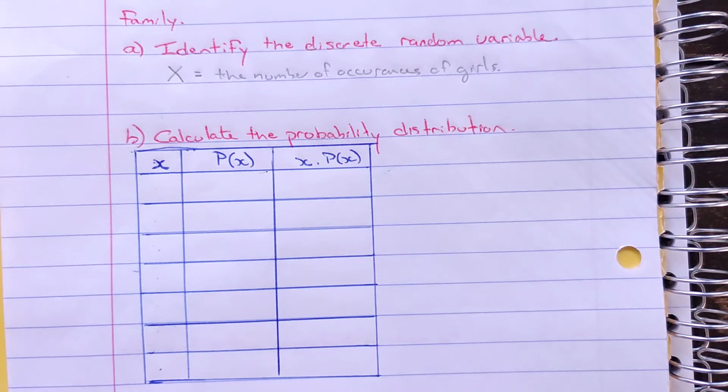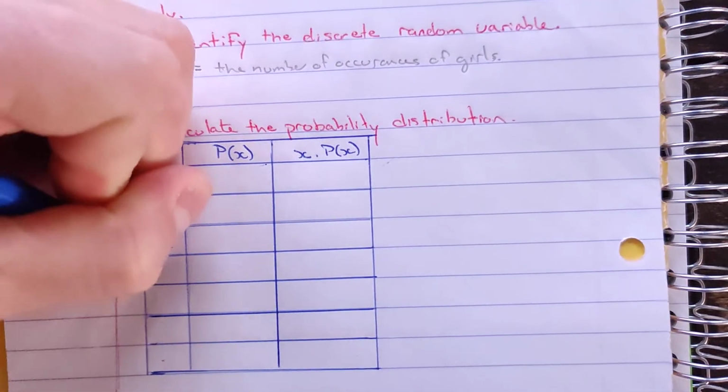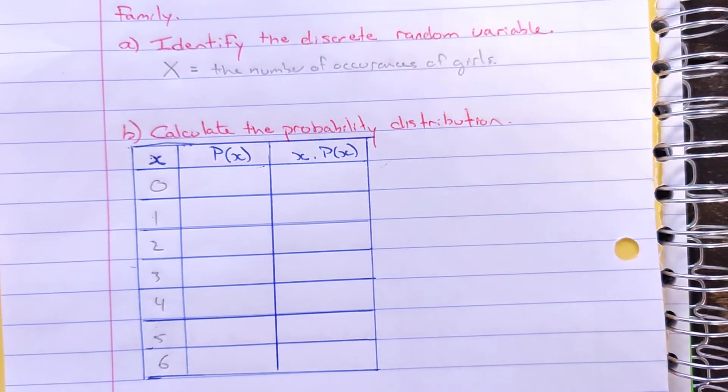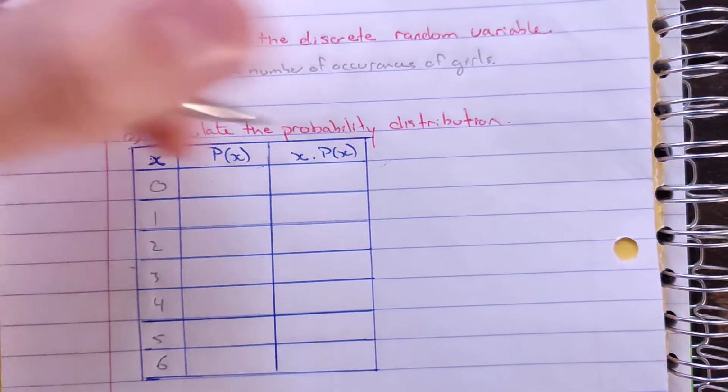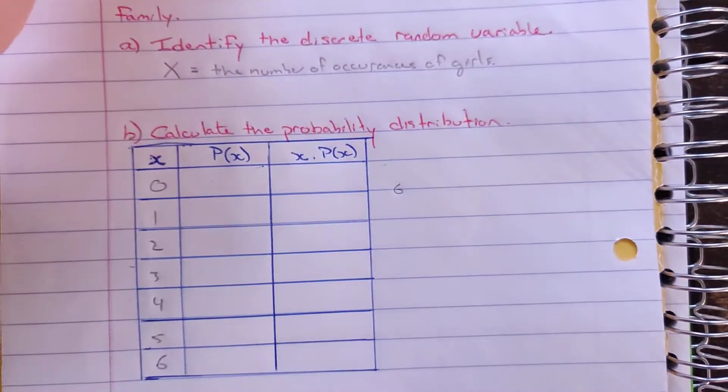So calculate the probability distribution. We could have no girls, 1 girl, 2 girls, 3 girls, 4 girls, 5 girls, and 6 girls. And then we need to calculate the probability of each of these occurrences. In a family, in general, you would have a 50-50 chance of having a boy or a girl. I didn't leave enough room to do the calculation, so I'm going to do it off to the side here. We have 6 kids.